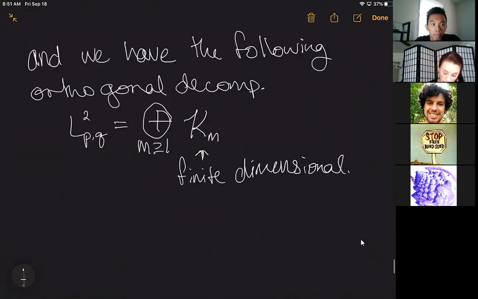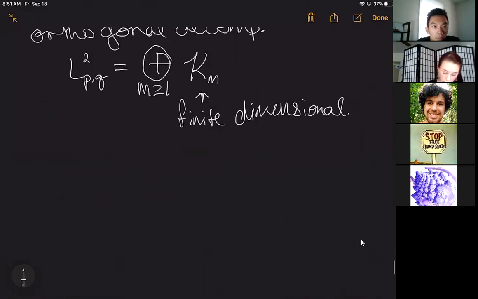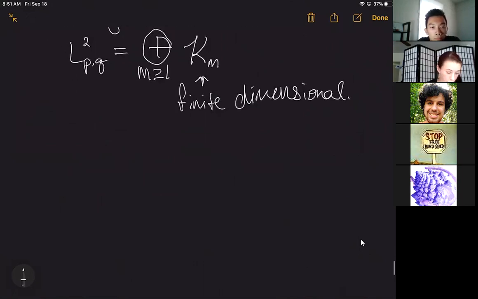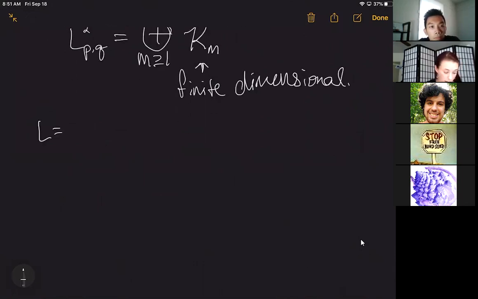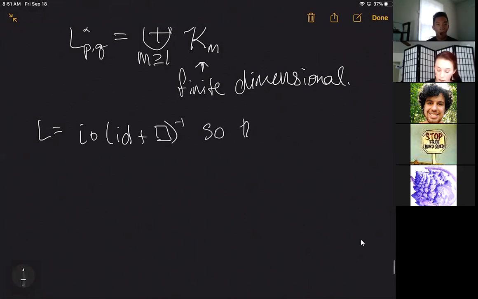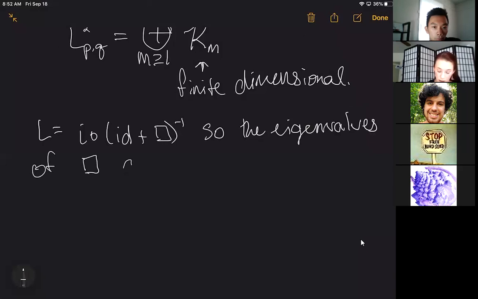If we look at the way that we've defined L a little bit more closely, L is equal to the inclusion composed with the identity plus box inverse. So the eigenvalues of box are the inverse of the eigenvalues of L minus 1.